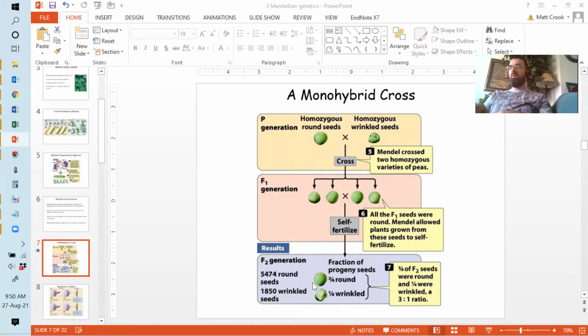We'll do that in the probability and statistics stuff next week, right? But it should be approximately 3 to 1. If it's not, something up here is not right, right? One of your assumptions is wrong, or you didn't have what you thought you had in terms of genotypes. It should always be a roughly 3 to 1 ratio.